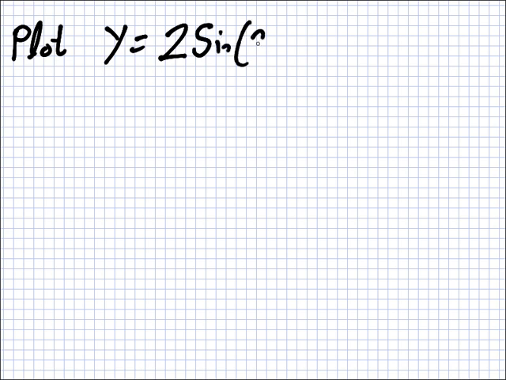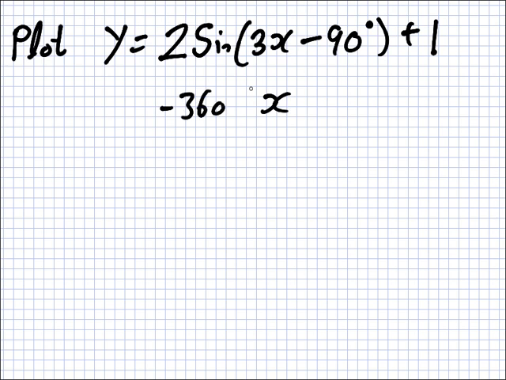I want to plot, let's say, y equals 2 sine 3x minus 90 degrees plus 1 between, let's say, minus 360 and 360.